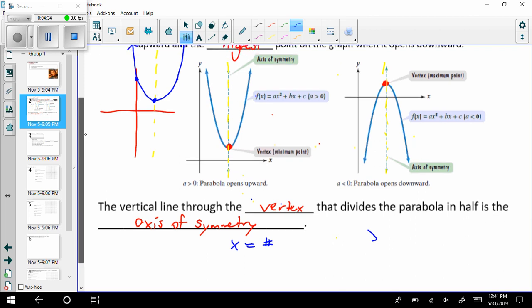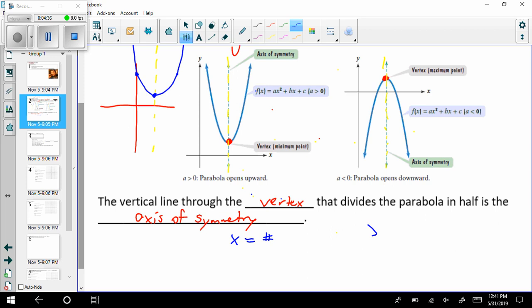The other thing that you want to know, the vertex itself, when we're talking about its ordered pair, they use the letters H and K to represent the ordered pair of the vertex. Why those letters? I don't know, but those are the letters they've decided. So if you see H and K mentioned, that's going to be like the lowest point or the highest point.